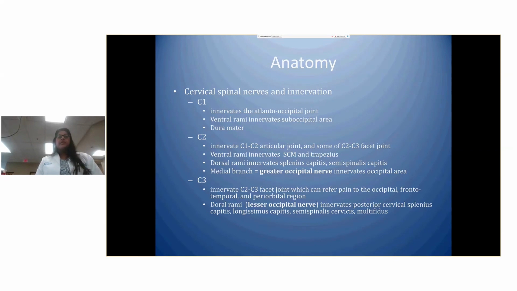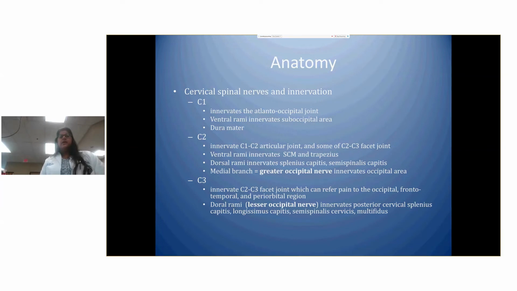The anatomy review again, reviewing the three cervical spinal nerves and their innervation. C1 innervates the atlanto-occipital joint, as well as the suboccipital area and the dura mater.